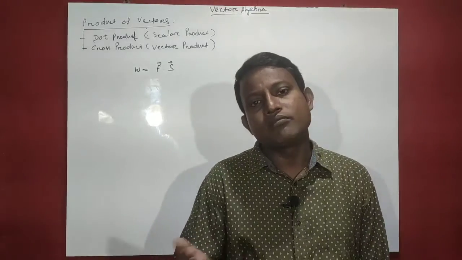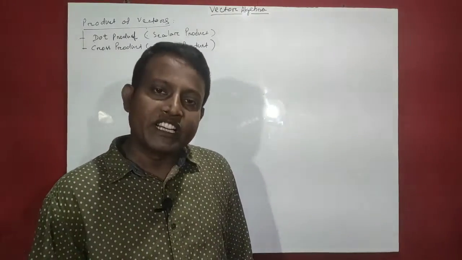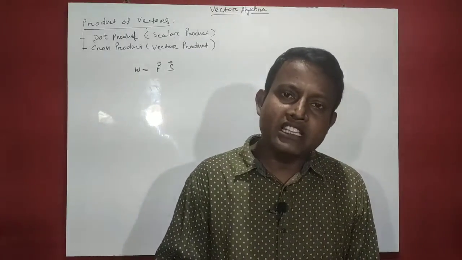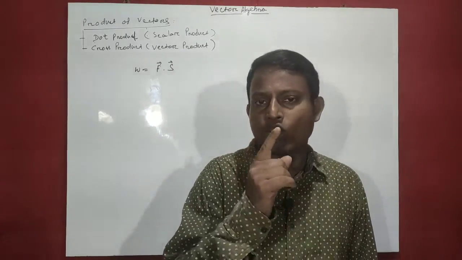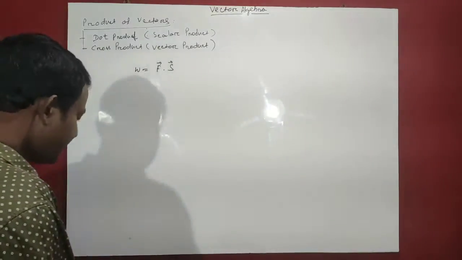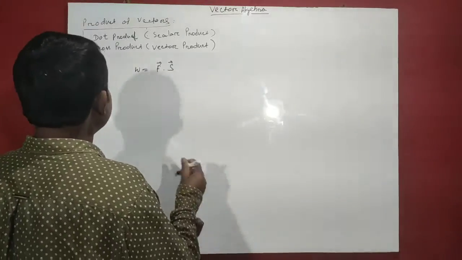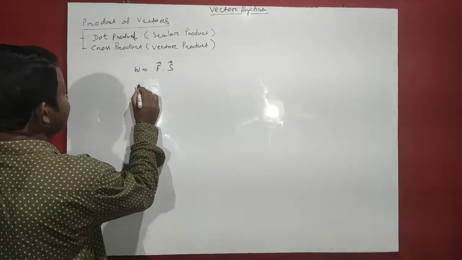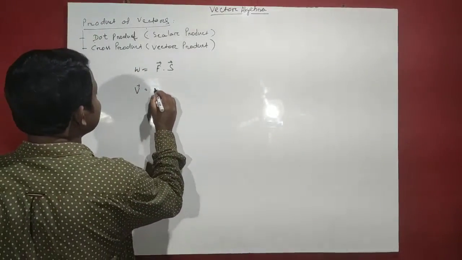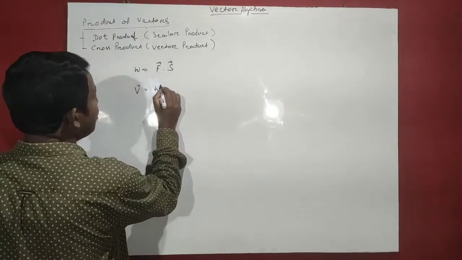And also there are some vector quantities which are obtained by the product of two vectors, like linear velocity. Linear velocity is equal to omega cross r.